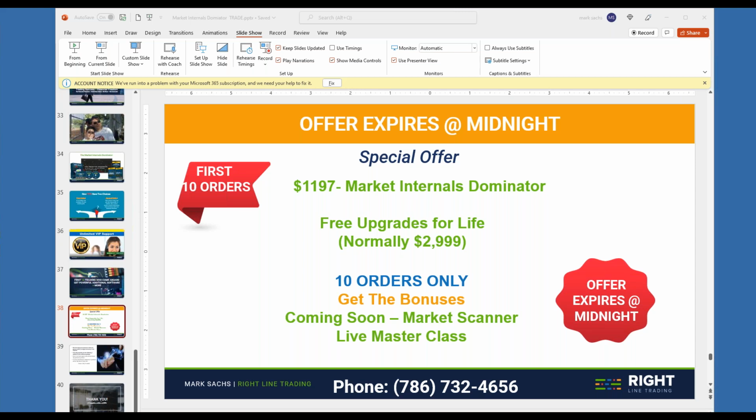And what we want to do is make this available to you so you can trade it in the room. You don't have the NinjaTrader Continuum connected? We don't use it.